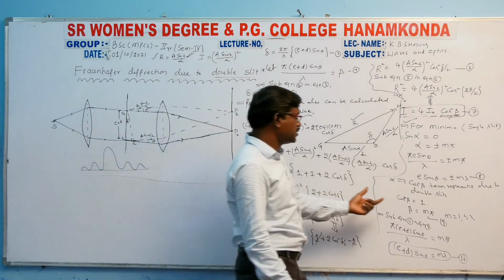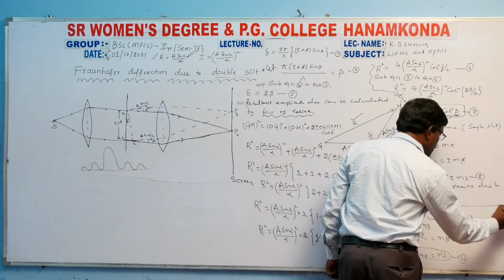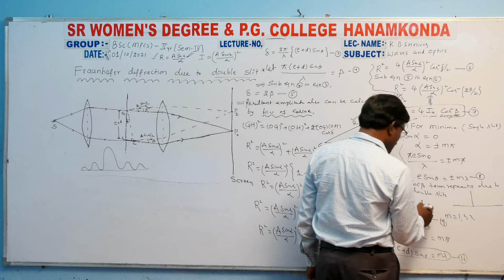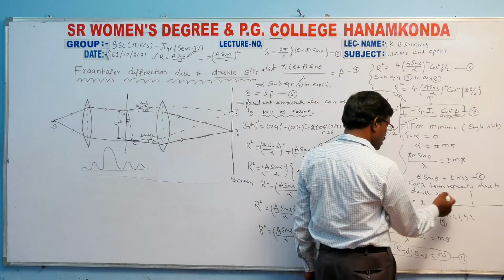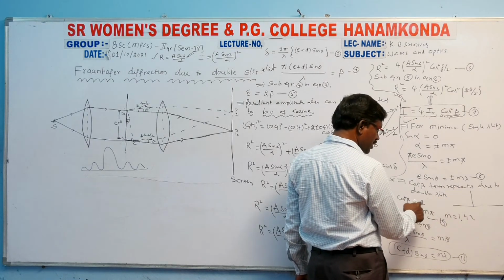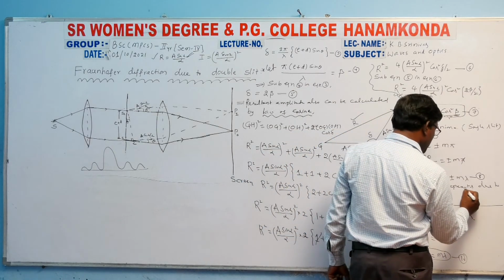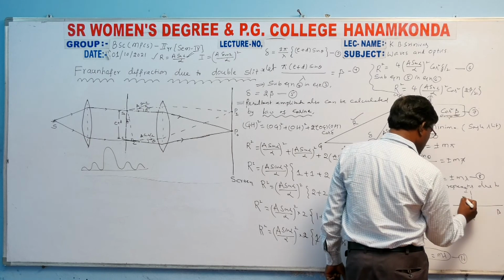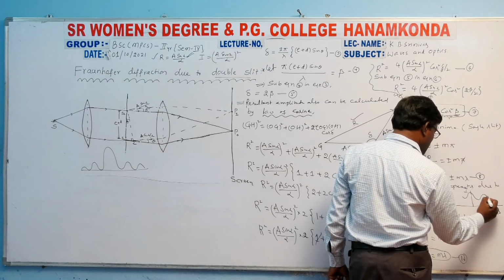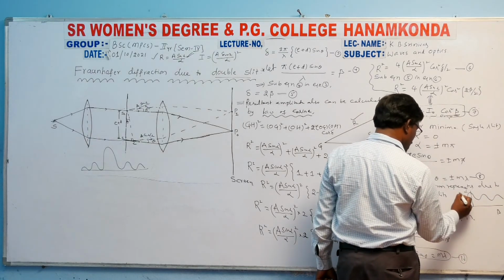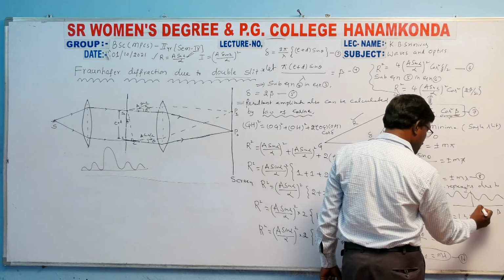This is the curve which represents the diffraction pattern due to double slit, the maxima. When cos square beta is equal to 1, the intensity becomes maximum. So this is intensity versus beta. Here I am drawing the diffraction pattern due to this term. All are maxima only.